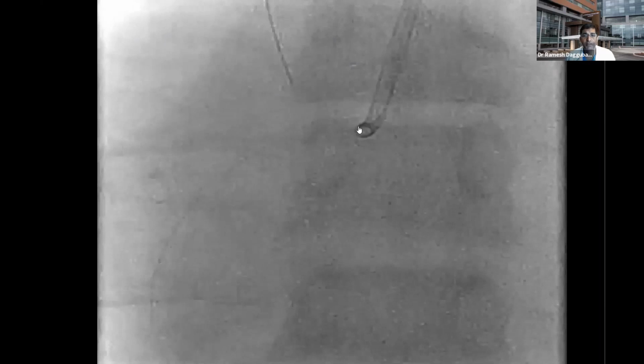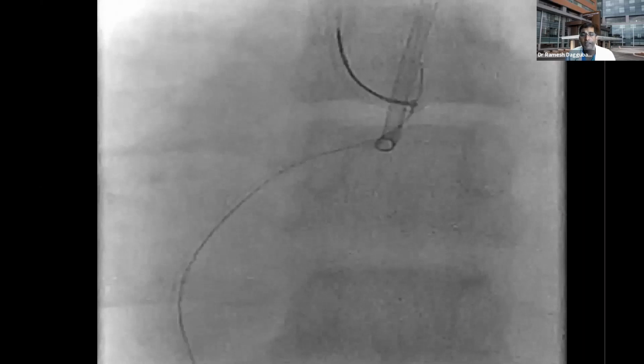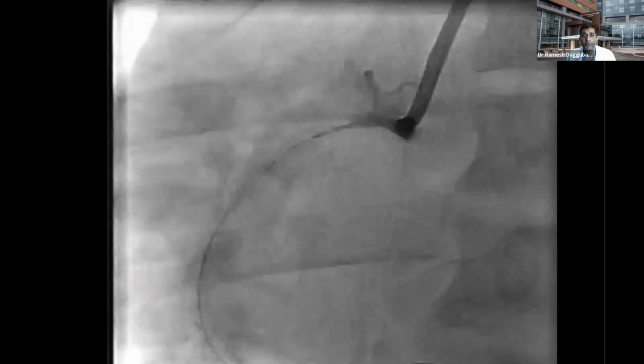I already had another wire through that. So never lose access. The broken wire is probably preventing it from collapsing on you. With that wire, from the radial guide catheter, I advanced another wire already, and kept the access open all the time. Once that was removed, we took a picture.